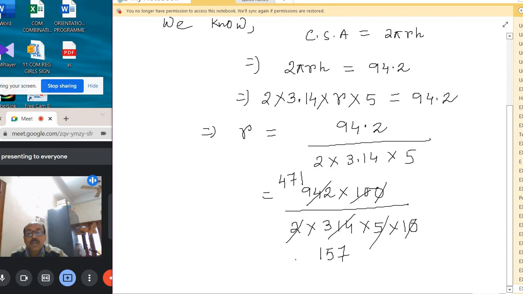Now 157 into 3 is 471, so 471 will go by 157 three times. Clear? This is equal to 3. Therefore, r equal to radius equal to 3 centimeter.